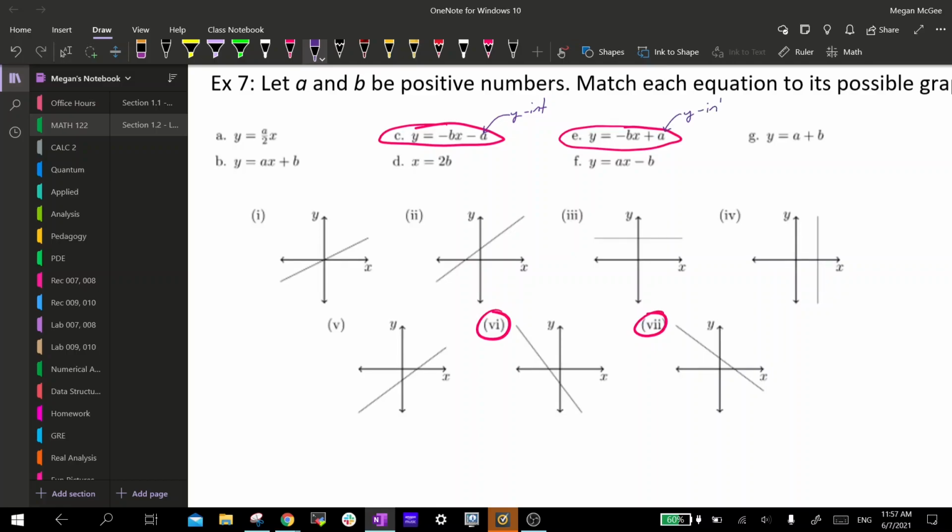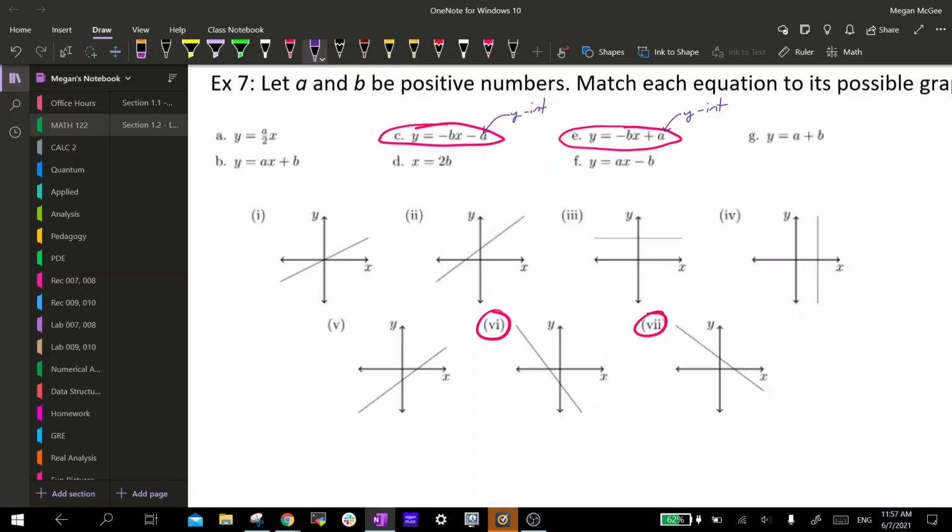This is the y-intercept. Okay, so a negative y-intercept means that it crosses the y-axis at a negative number, so that's below the x-axis. And a positive y-intercept means that it crosses it higher.